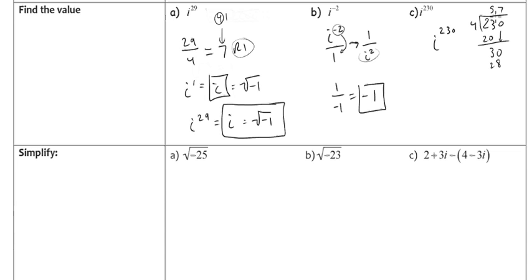That's 28, and remainder of 2. So 57, remainder of 2. And remainder of 2 is going to be i squared, which is -1. So i to the 230th is just a really complicated way of writing -1. All right, hope that helped.